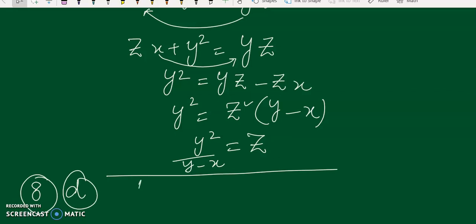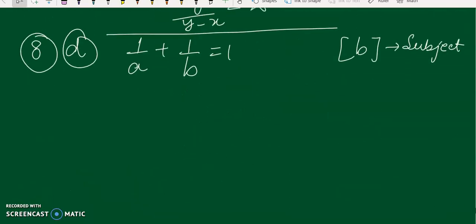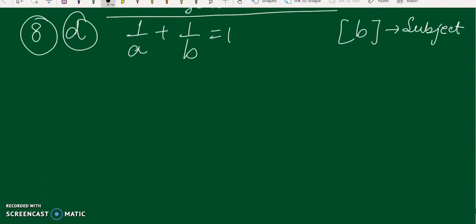Which is 1 over A plus 1 over B is equal to 1, and here we have to make B the subject of the formula, or you can say subject of the equation. Now to solve this question, what we can do is we take its LCM over here, so it becomes AB.